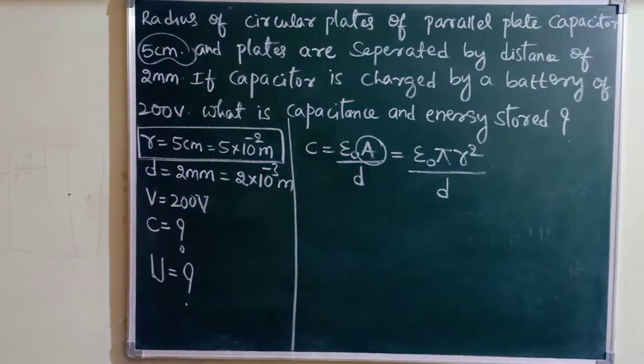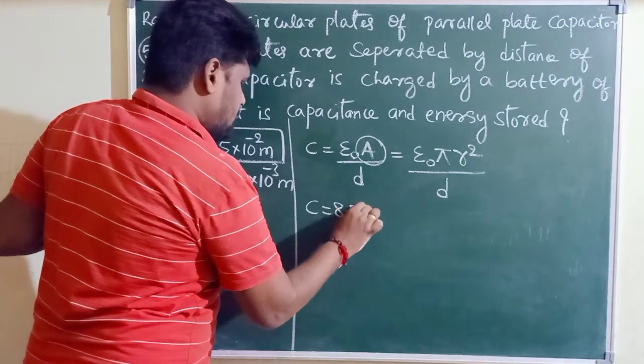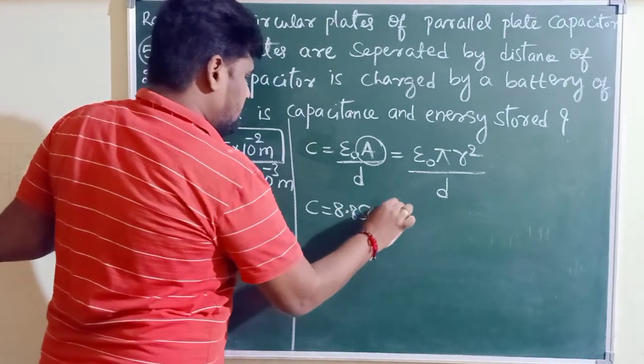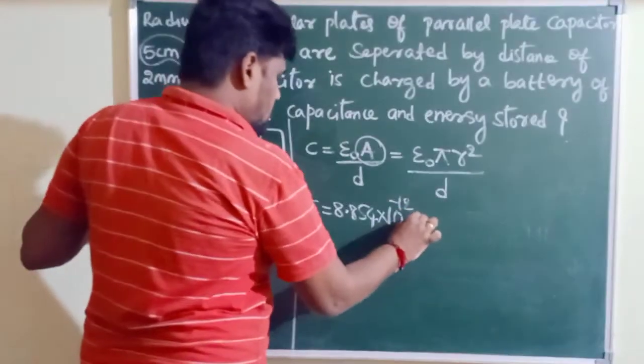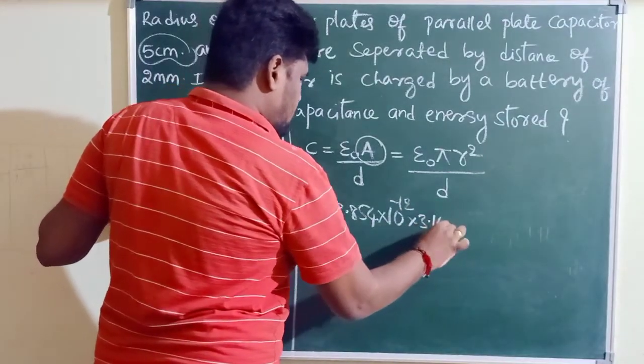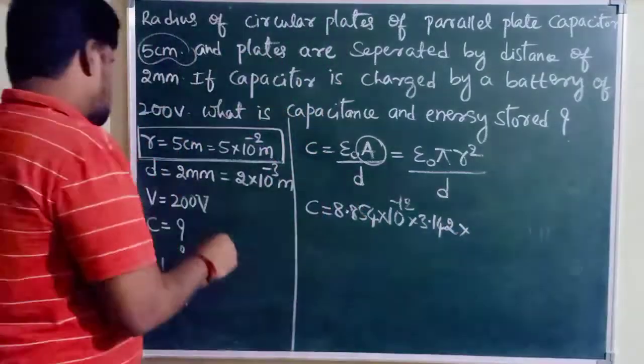Now you can substitute the values. C equals epsilon naught value, the same 8.854 into 10 power minus 12, pi value is 3.142, r square, what is r?